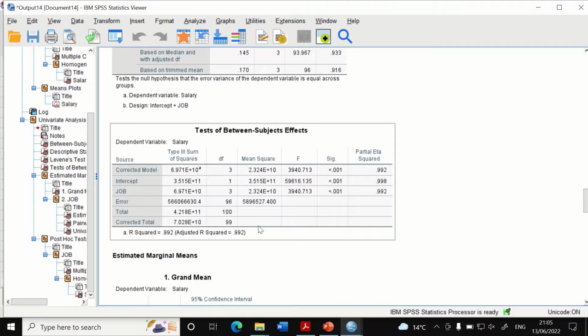Again, this test generates the tests of between-subjects effects, and it has an F ratio and significance, and we are here interested in the job. It shows that there is a significant difference between occupations in terms of the salary. Partial eta squared shows the effect size, which is high here.